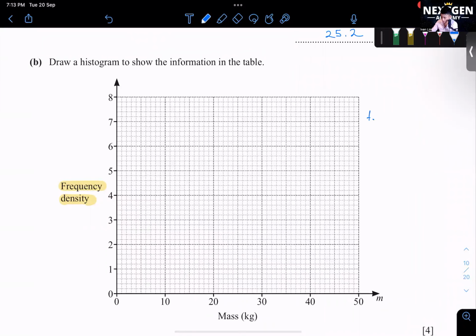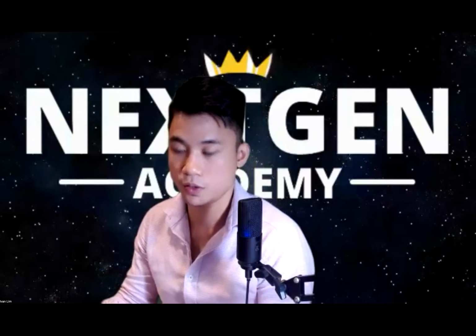FD is equal to frequency over class width. Don't create your own formula. This one, 100% you have to memorize it. So we write down what your frequency is, and then what your class width is. Then after that you can calculate the frequency density. Oops. Oh no. Okay, sorry.